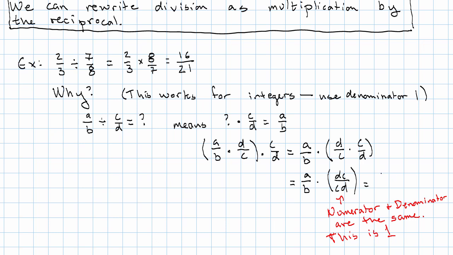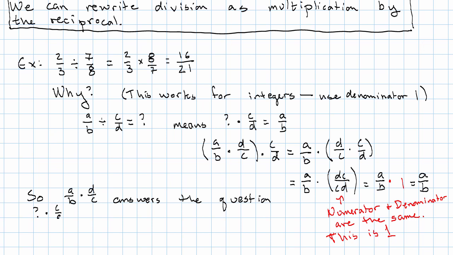We have A over B times 1, which is just the fraction A over B. So, A over B times D over C answers the question, what times C over D gives me A over B?